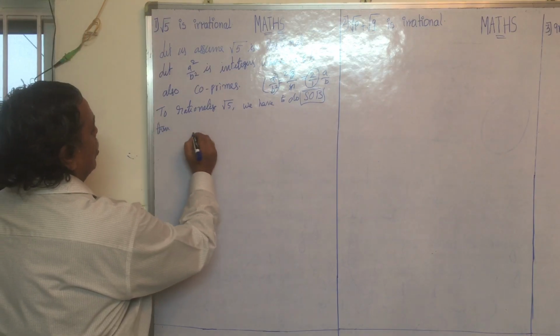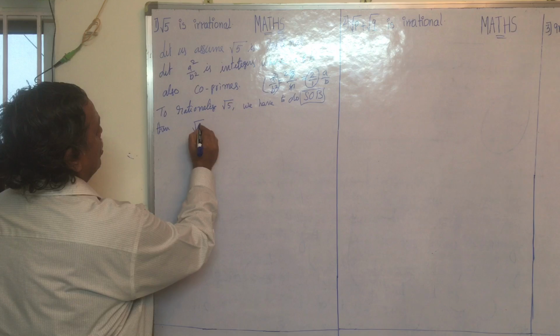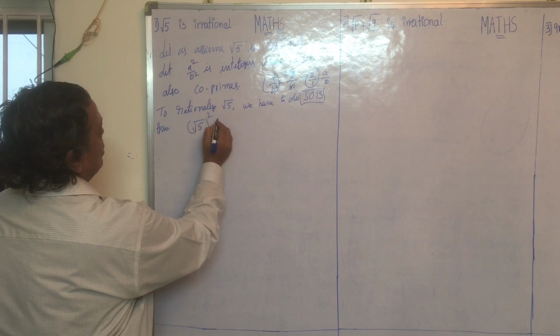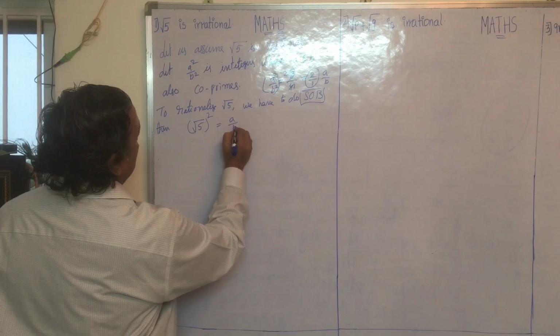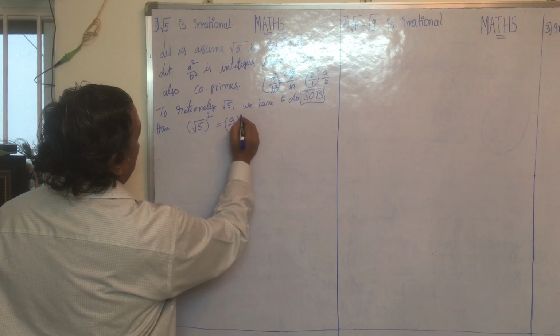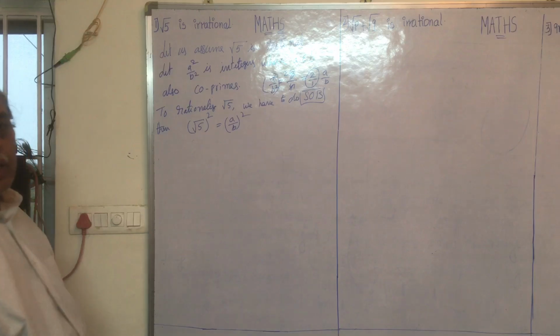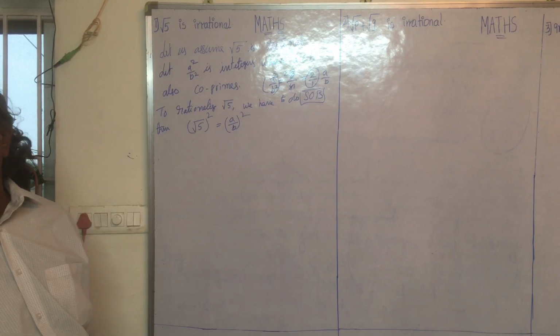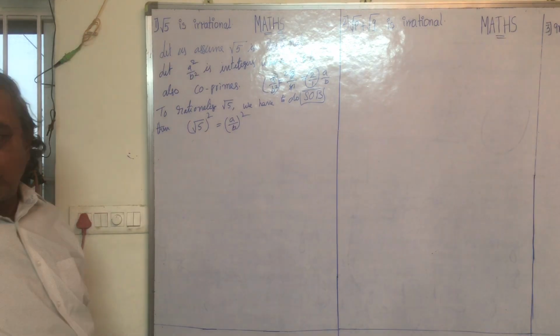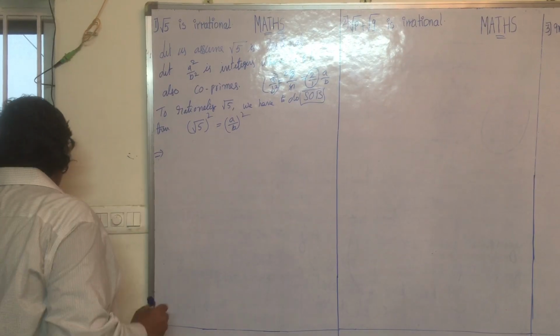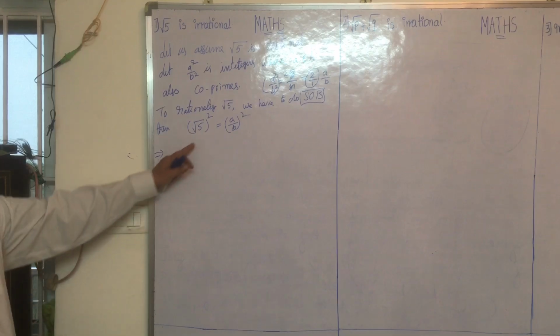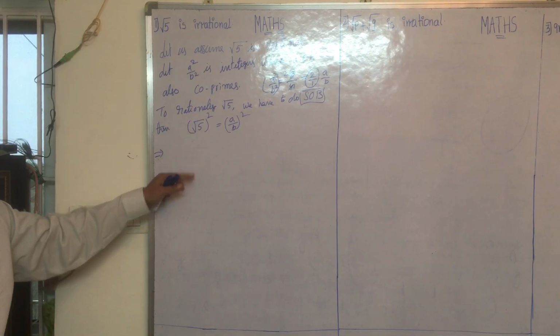Then root 5 whole square is equal to a by b whole square. Then what happens to a by b whole square? Now tell me.